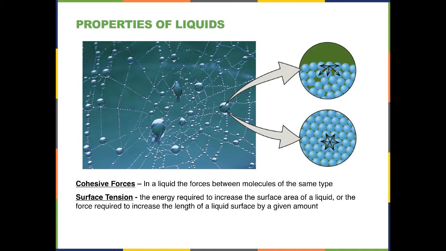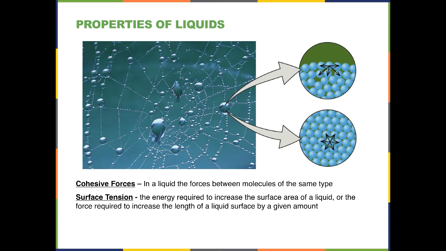Surface tension is the energy required to increase the surface area of a liquid, or it's the force required to increase the length of the liquid's surface by a given amount, which is why it's called surface tension. And surface tension is controlled by what are known as cohesive forces. Now, we've mentioned the term cohesion and cohesive forces before.